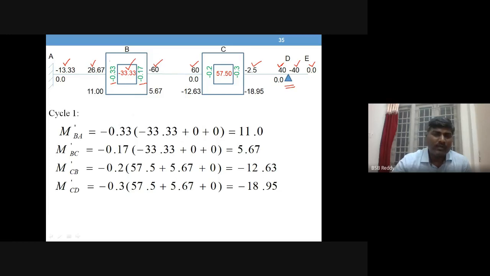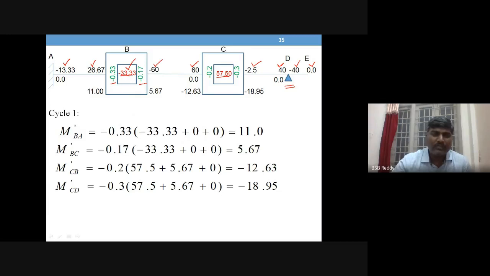Now these are all the rotation factors, minus 0.33, minus 0.17, minus 0.2, minus 0.3, which are found in the previous table. Then take the total moment at B: 26.67 minus 60 will be minus 33.33. 60 minus 2.5 is 57.5.